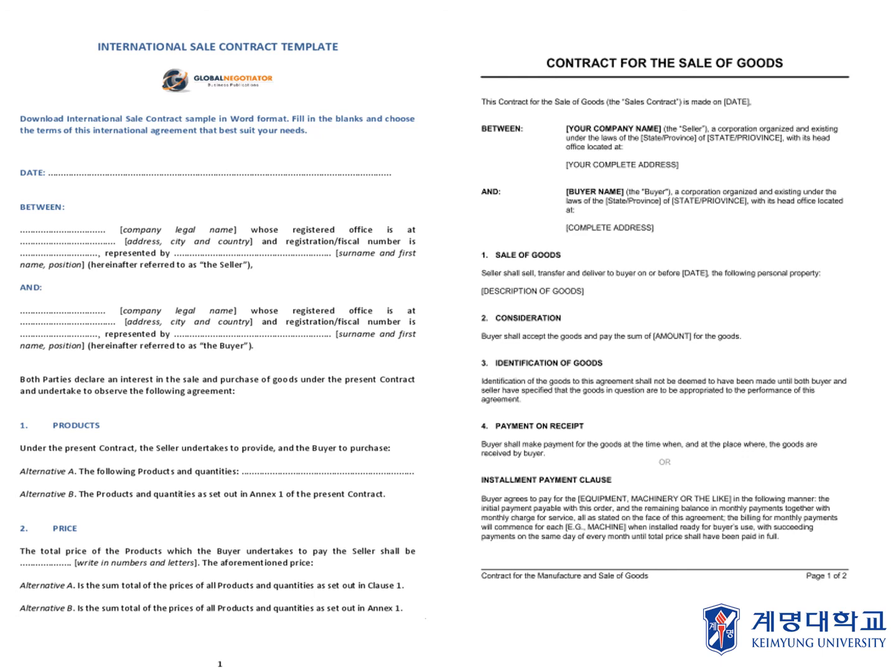You could also see the product and the price, the payment on receipt, identification of goods, some of the considerations, the nature of the transactions between the buyer and the seller, and the installment payment clause.